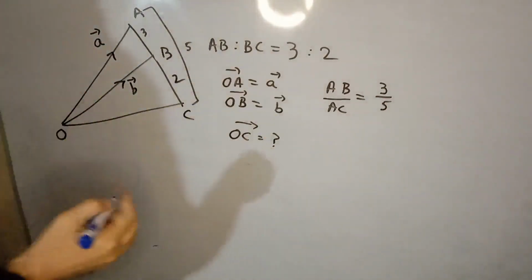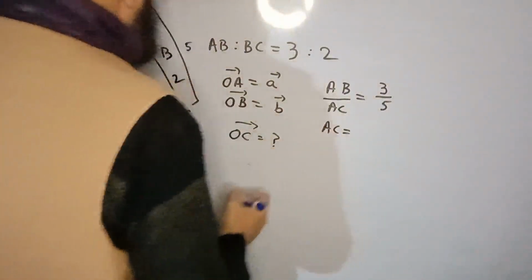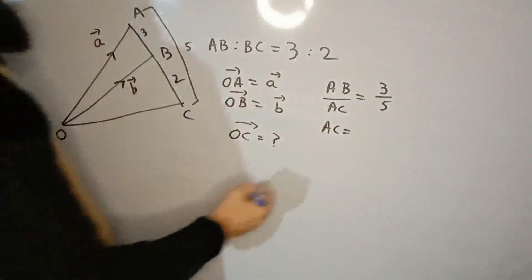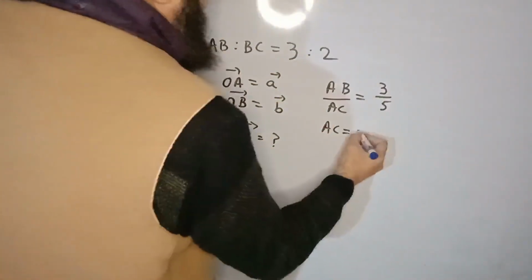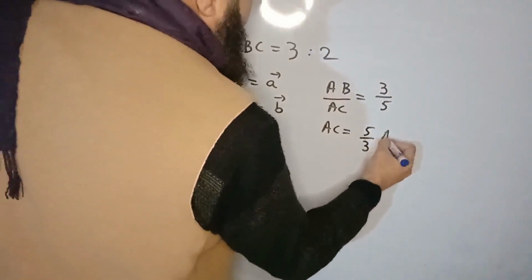Or you can write that AC is equal to 5/3 AB.